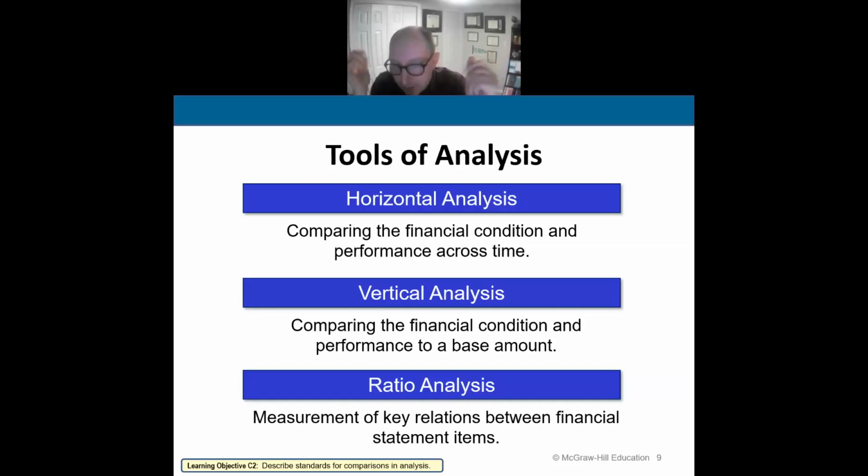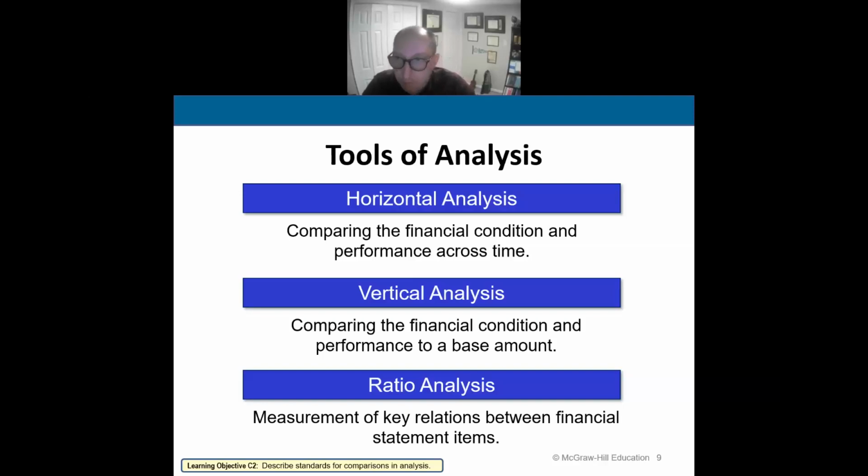And last but not least, we use ratios. We've talked a lot about ratios even back in Principles of Accounting 1. I know most of you remember that because you didn't like me for it, and that's okay. But I want you to know that ratios come back in Principles of Accounting 2. We use a lot of ratios, in fact.